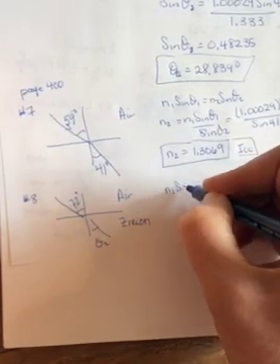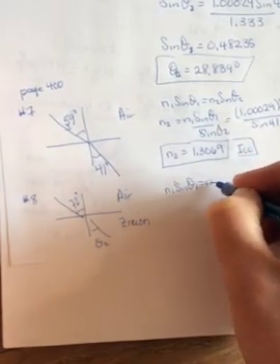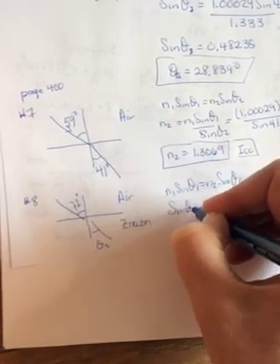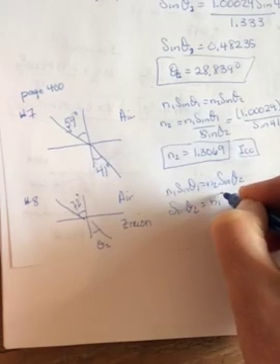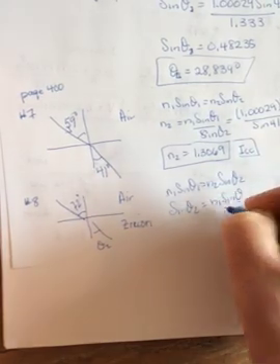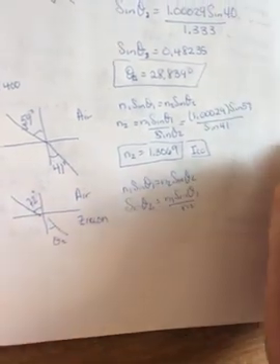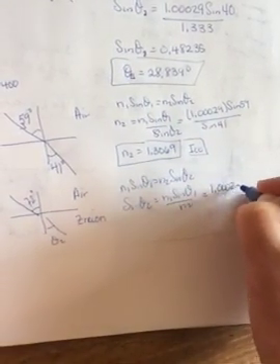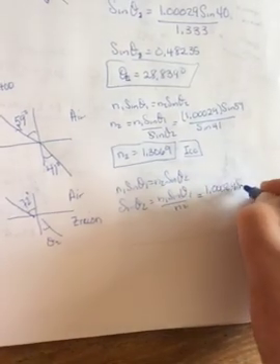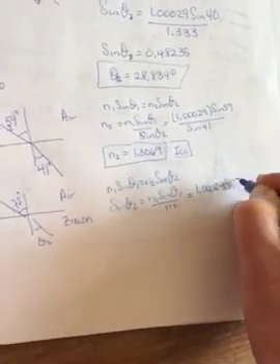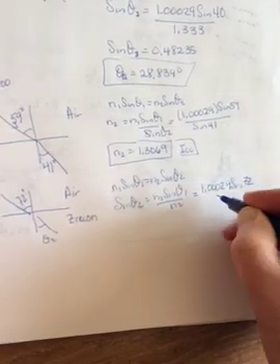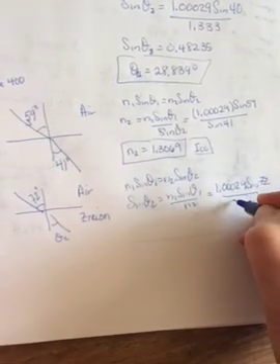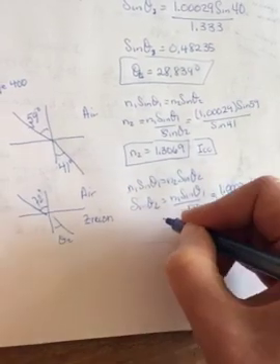So N1 sine theta 1 equals N2 sine theta 2. Solving for sine theta 2, so divide both sides by N2. Okay, so air again, 1.00029. Sine of 72, divided by N2, when you look up zircon on the chart, is 1.92.